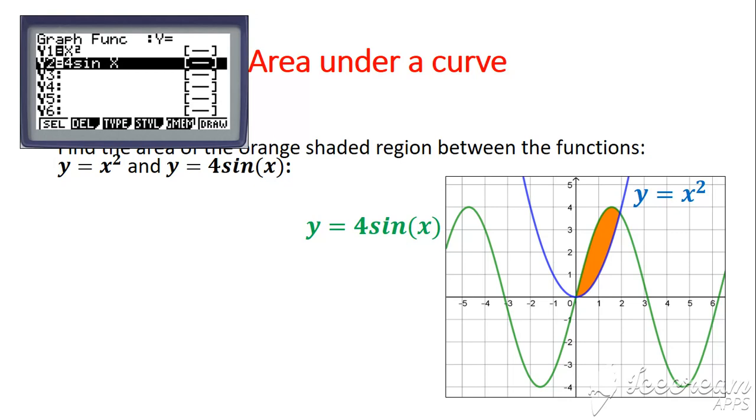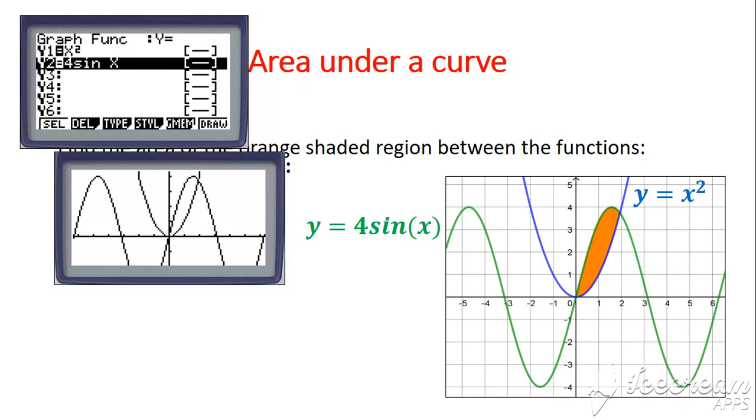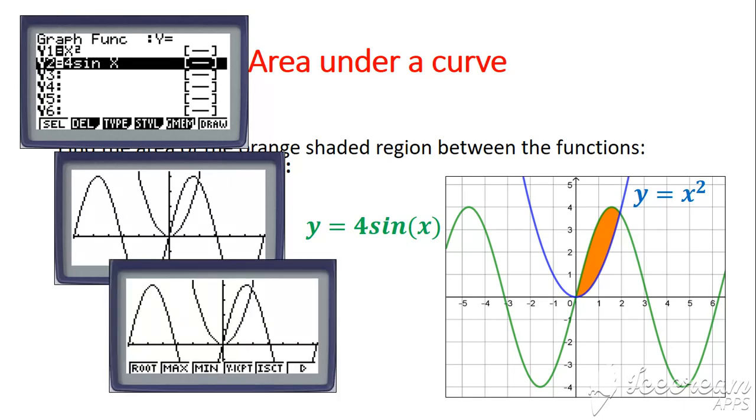Right, well, what I'm going to do first is go into my graphics calculator and draw the two graphs into my graph screen, and I'm going to go into G-Solve, graph solve, and go into roots, and I'm going to find my two x values of where the two graphs cross over.